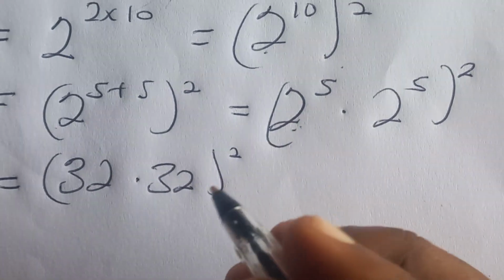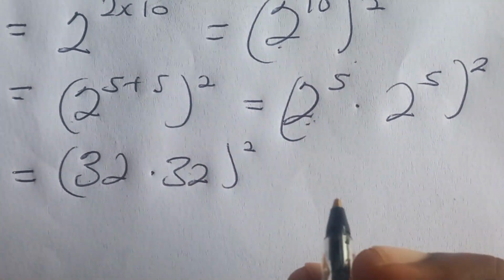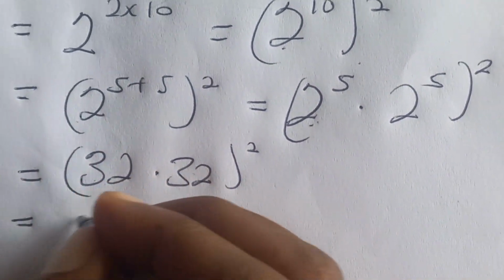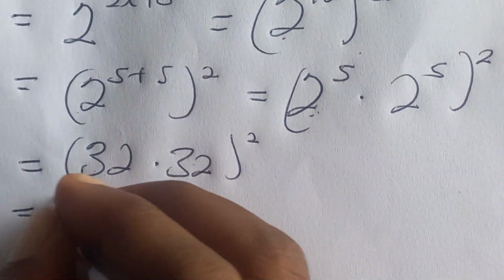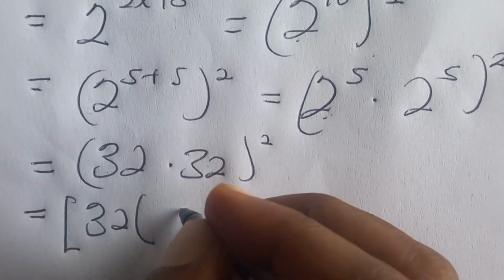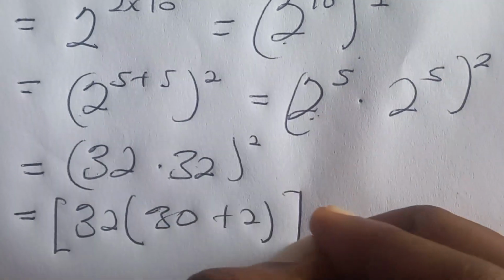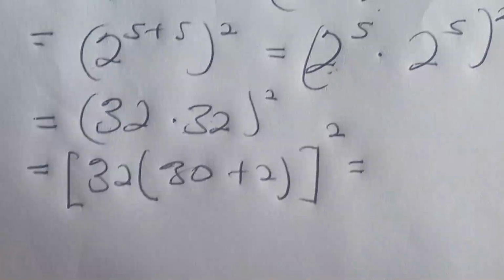Now let us try to multiply the one in the bracket first, which is equal to 32 into bracket. This one to be 30 plus 2. Let's make it this way so that we can easily multiply.